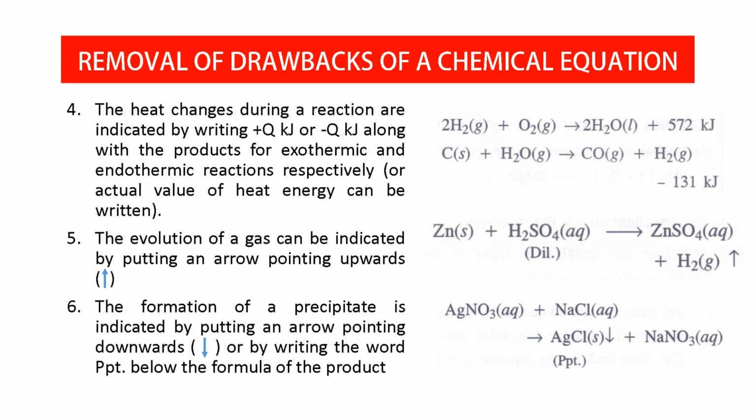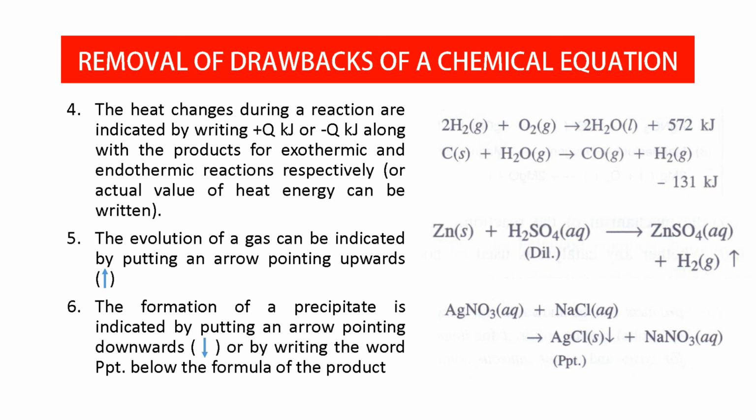The next point: the formation of a precipitate is indicated by putting an arrow pointing downwards. In this reaction you can see silver nitrate plus sodium chloride. What will form? Silver chloride, and the short form PPT is written under silver chloride. PPT means precipitate.